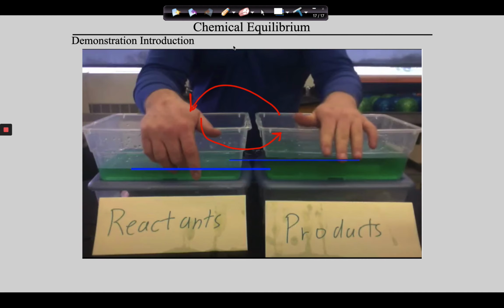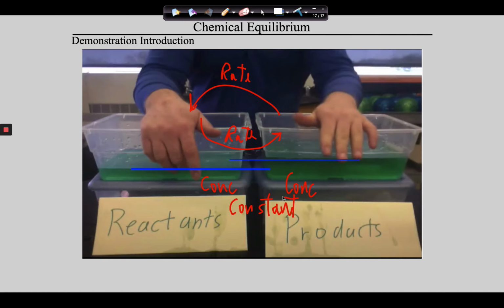And as we were moving the same amount of water forward and backward, these amounts became constant, but not equal. So at equilibrium, the forward rate and the reverse rate are equal, and you'll notice that these volumes, which represent concentration, are not equal, but they are constant.